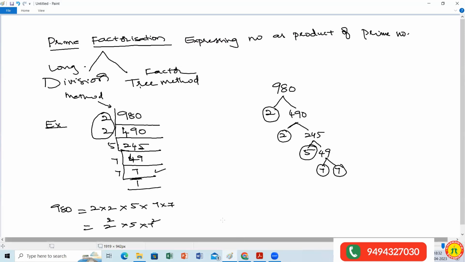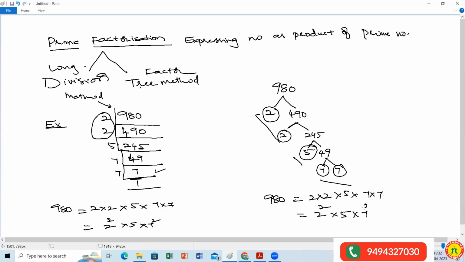Now write the product of all the circled prime numbers: 980 can be expressed as a product of primes, 2 repeated twice, 5 one time, 7 two times, so 7 into 7. When the same number is repeated, we can express it in power notation: 2 square into 5 into 7 square.